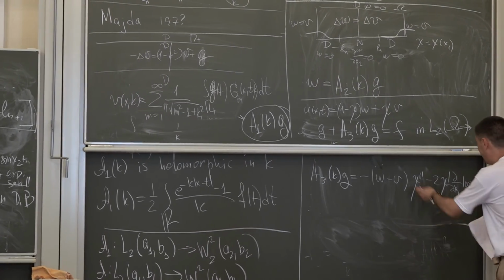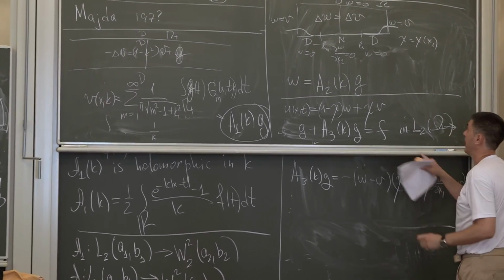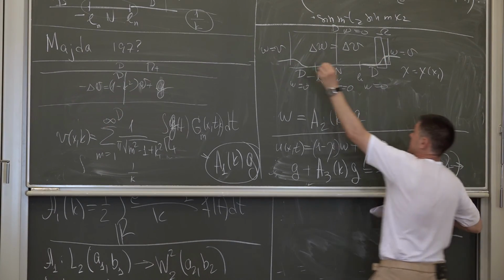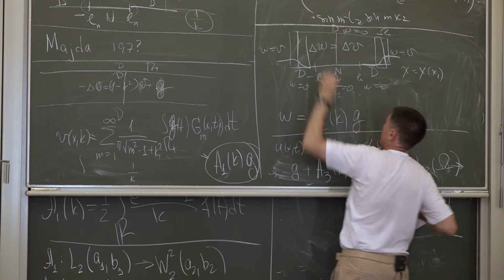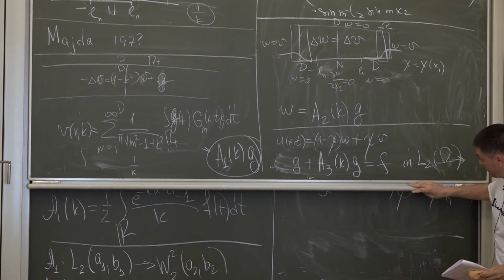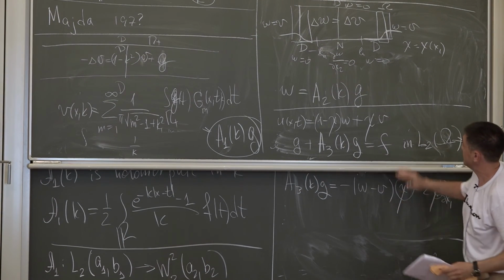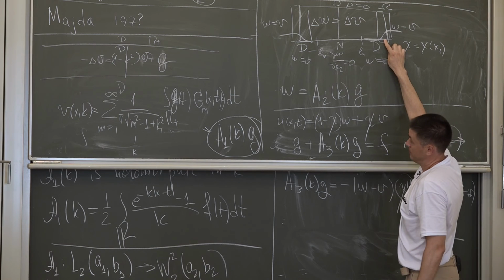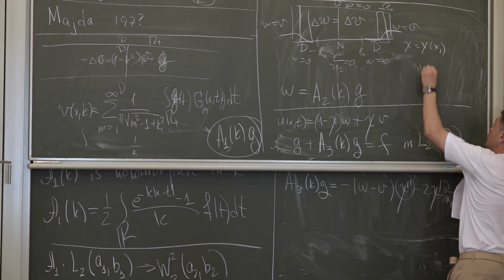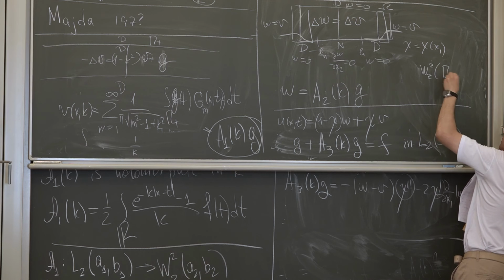Okay. So this is the explicit formula for this A3. And now I have derivative of chi only. And these functions are non-zero only in these subsets, right? Because outside they are zero. And now the main point is the following. In this subset, this function V is an element of W22, right, on these subsets.